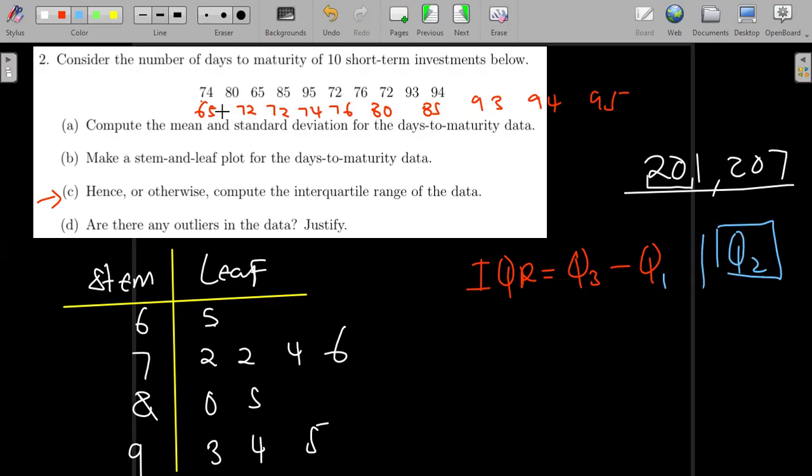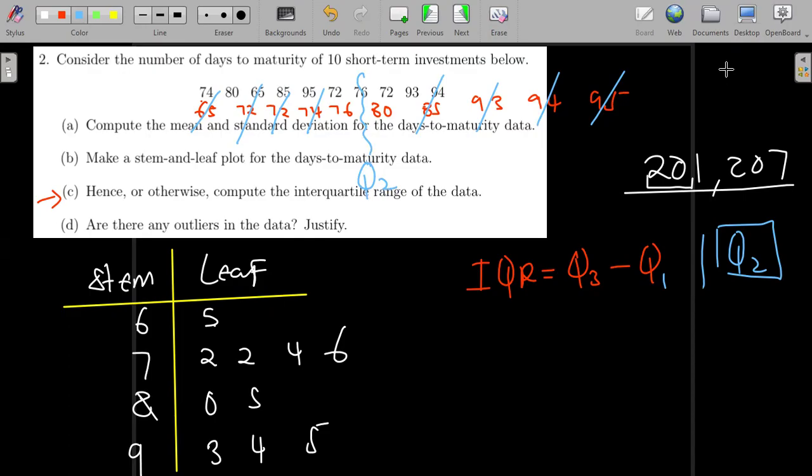Okay, I'll just use the cancellation technique. So I'll cancel this one, cancel this one, cancel this one, and so on, pair by pair. So I remain with two of them in the middle. Okay, I remain with a 76 and an 80 there. So what this means is that between 76 and 80 here, I'm going to have my Q2.